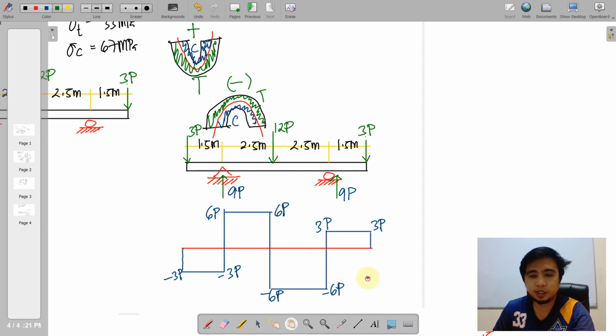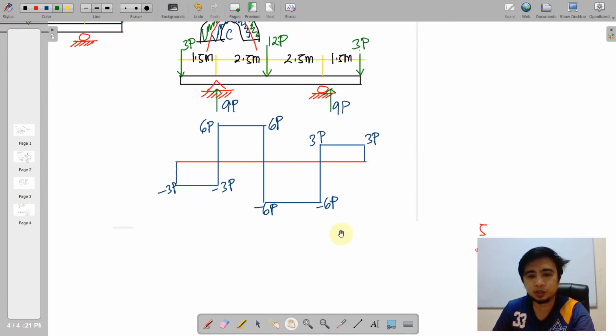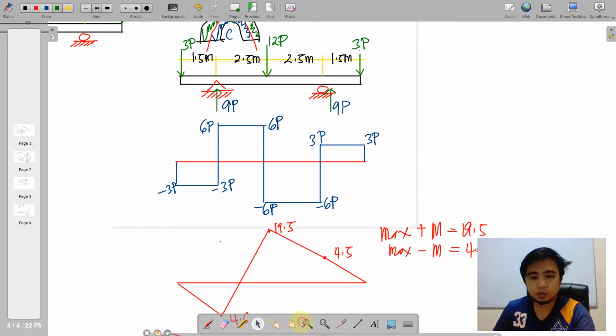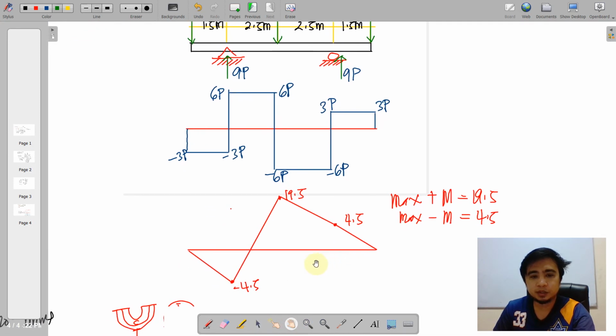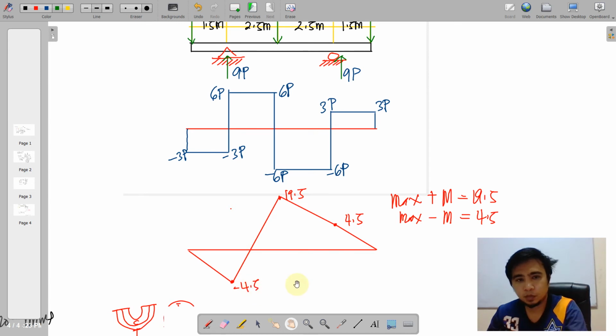Okay, so by this, we can also establish the moment diagram. And your moment diagram will be based on the areas here. So first, we have 3 by 1.5, that is actually negative 4.5. And then from that, we have 6 times 2.5 is equal to 15, and that negative 4.5 plus positive 15, so this should be 10.5.